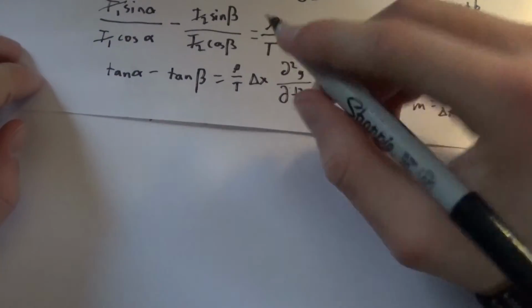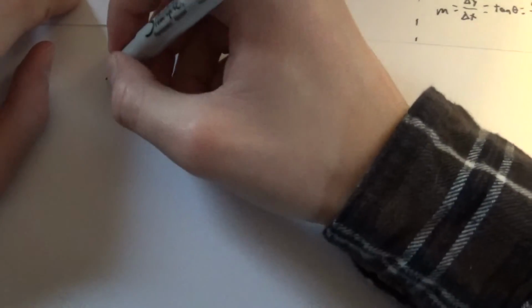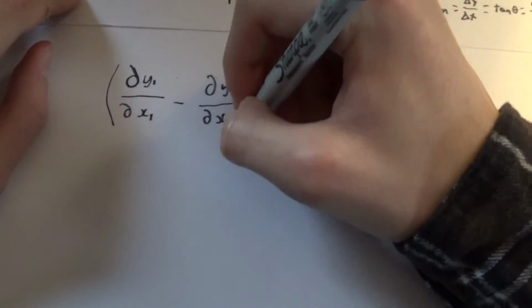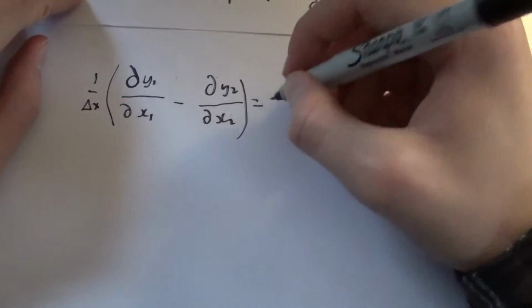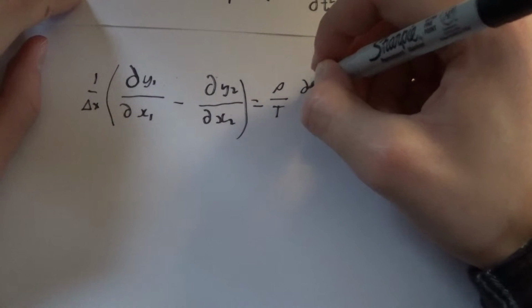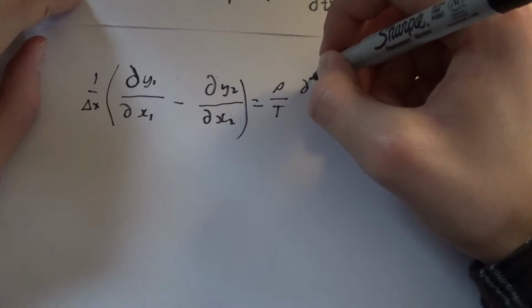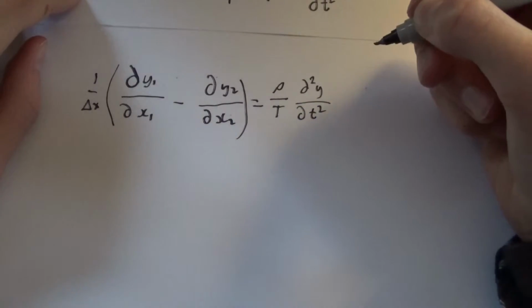But I'm going to rewrite it. Let's bring delta x over to this side, so we divide both sides by delta x. And what we can do is this: delta x. And this is going to equal rho over t, second derivative of y with respect to t.